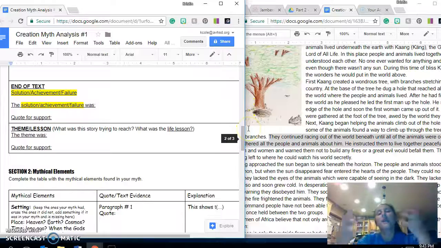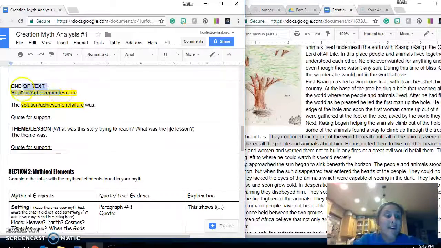All right. And so then we come to the end of the text and we're flying along. And hopefully in me doing this, you're realizing that this is not really a difficult assignment that I'm giving you. It's just a different way to summarize the text and to explain the text and to think about the text. So in the end, there's a definite failure.